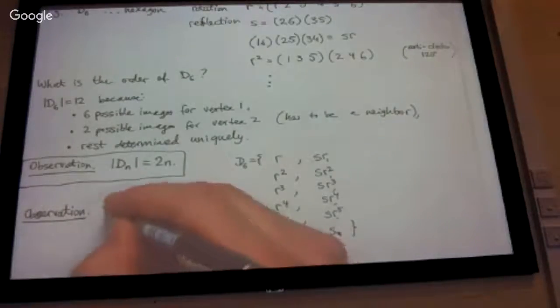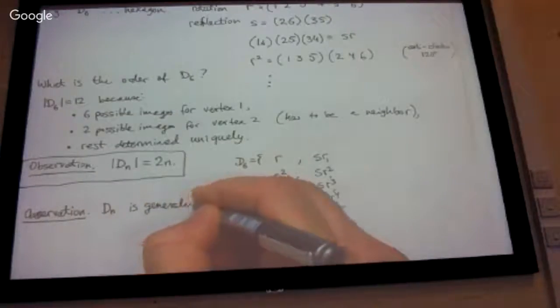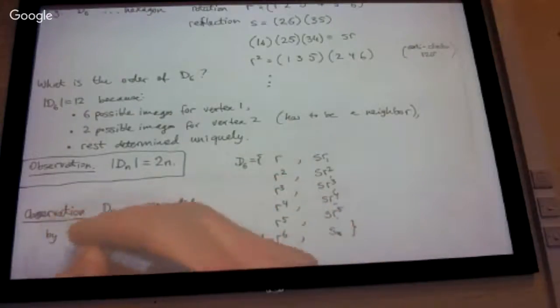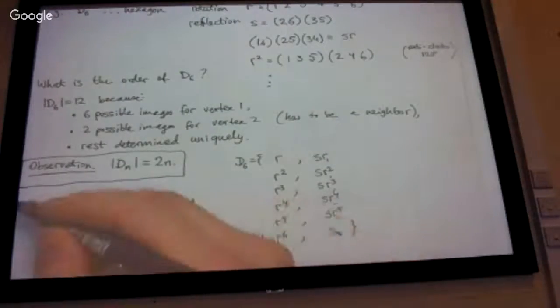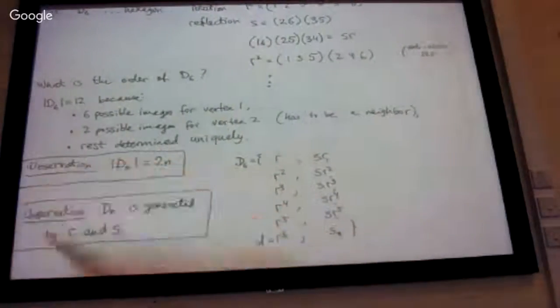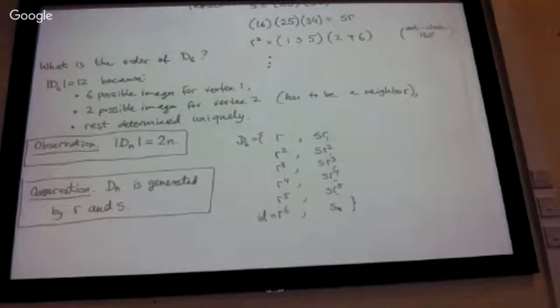So Dn is generated by R and S. Can we define what it means to be generated by something?